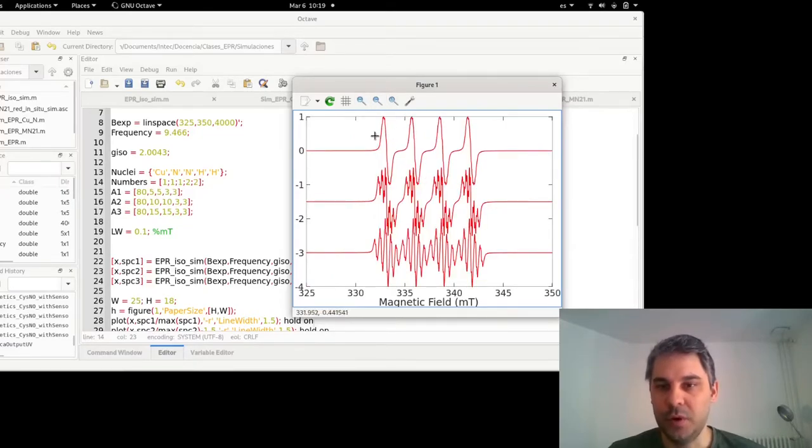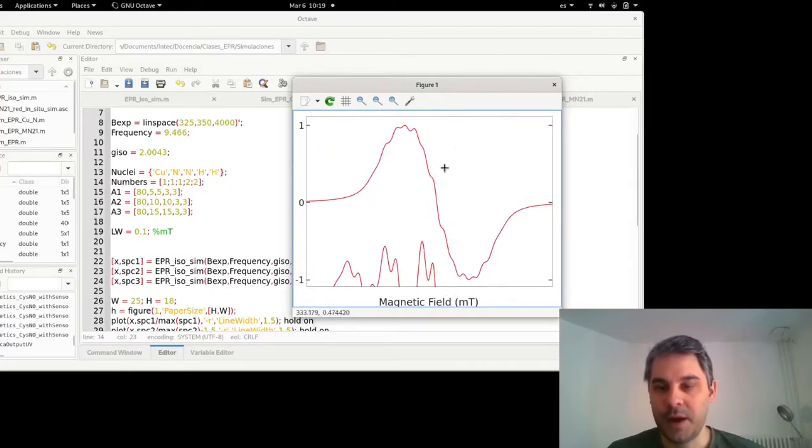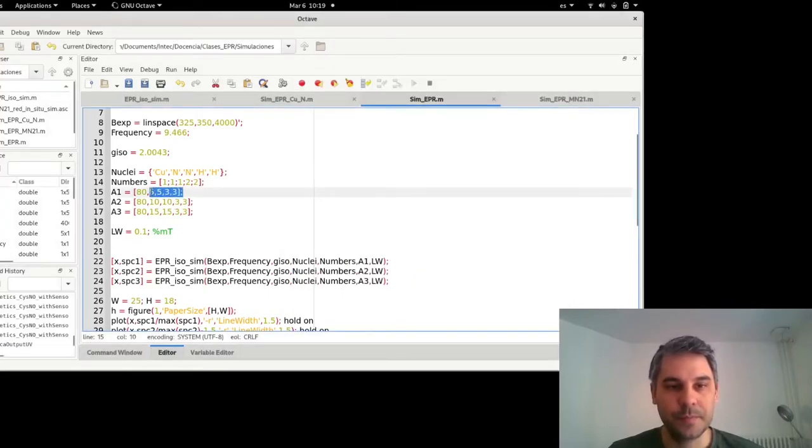So in order to simulate a spectrum like this, you should first focus on the largest hyperfine splitting, in this case copper, try to fit that value, that would be 80 MHz, as good as possible, and then start focusing on the smaller and smaller hyperfine splitting. So in here it is very hard to know what all these lines come from, because the nitrogen and hydrogen hyperfine splitting values are very similar.